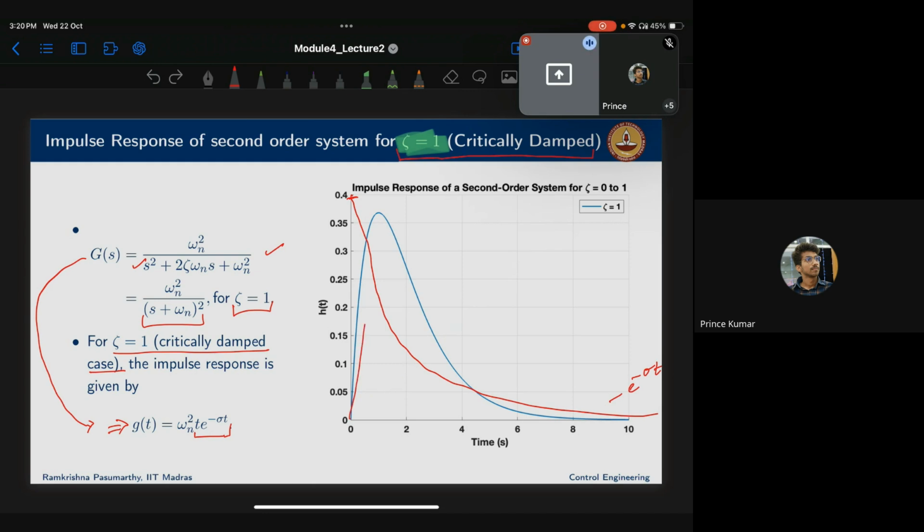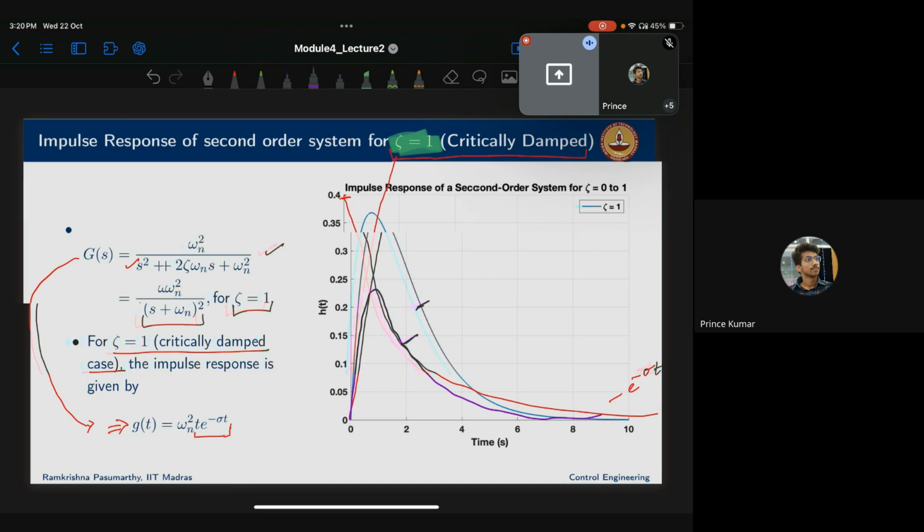The overall response is the multiplication of these two responses, so it will be something like this. That is the response, which is also called critically damped.